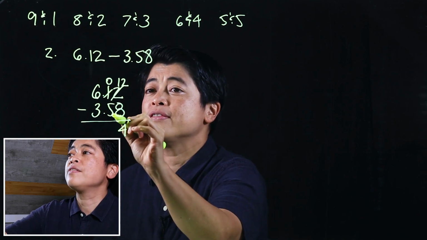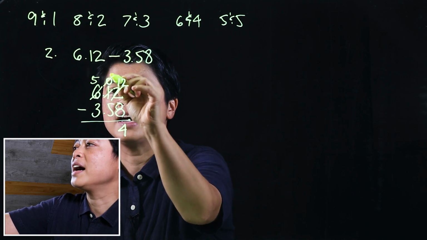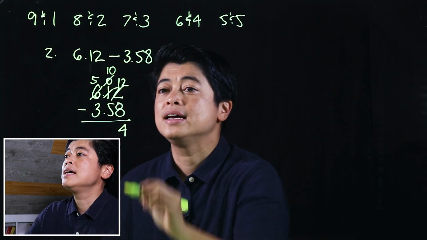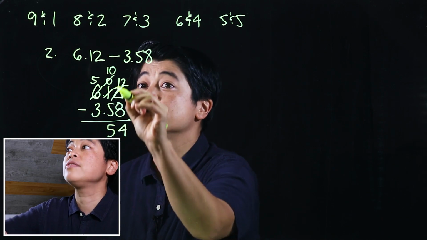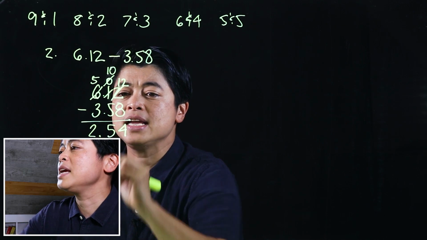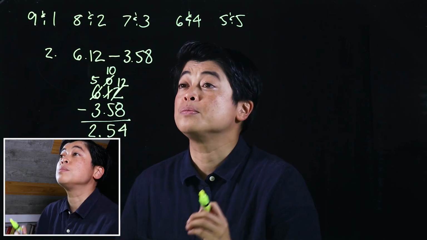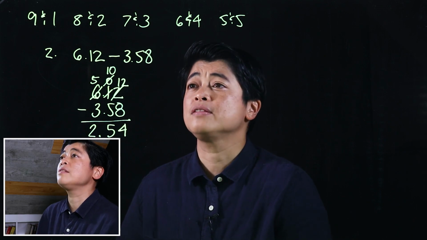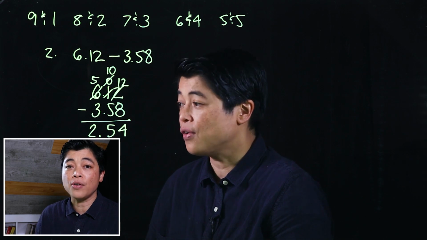We can't take away 5 from 0, so we borrow, makes that 5, makes this 10. 10 minus 5 is 5, or we need 5 to get to 10. And 5 minus 3 is 2. So when we subtract 3.58 from 6.12, the answer should be 2.54.